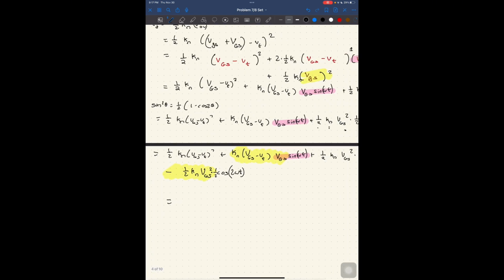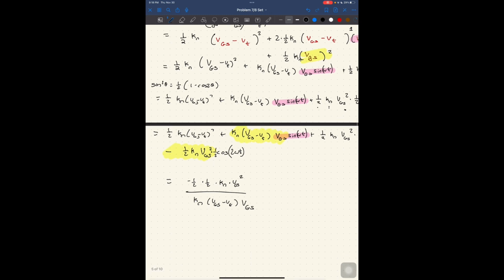So it's going to be minus 1/2 times 1/2 times Kn times VGS squared over Kn (VGS minus VT) times VGS sine omega t.